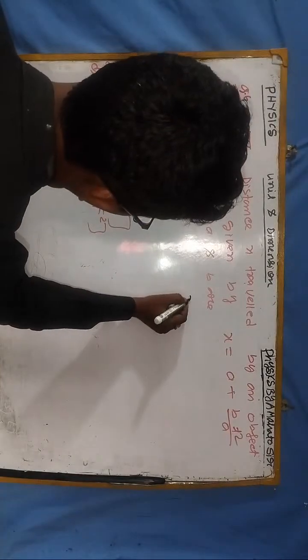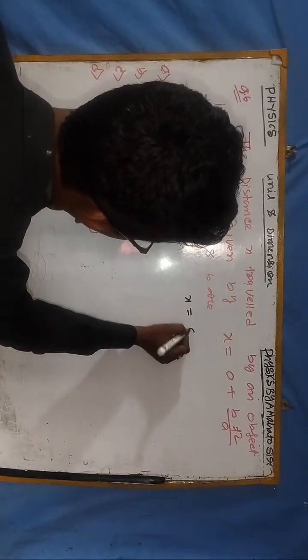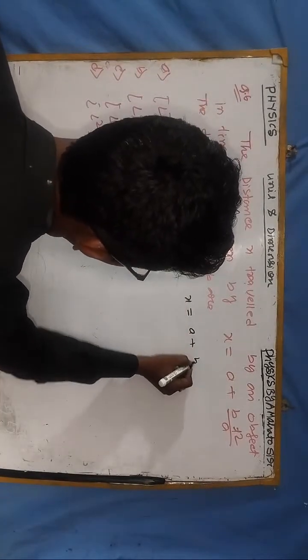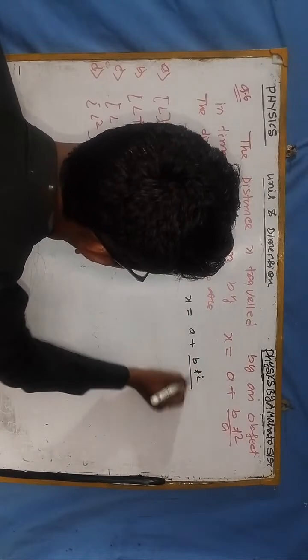Here the equation is x equal to a plus b t square by a.